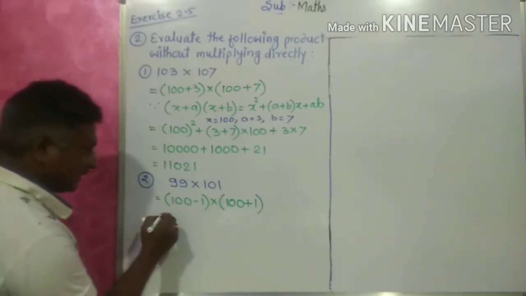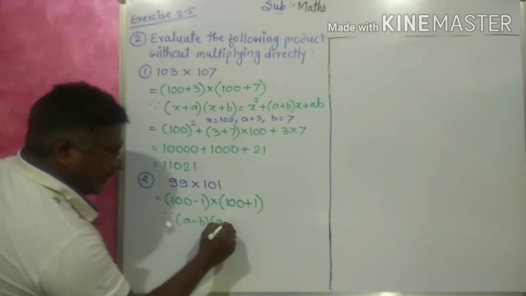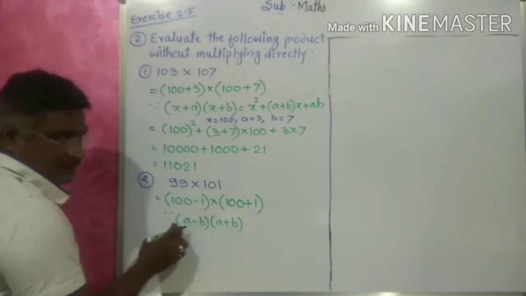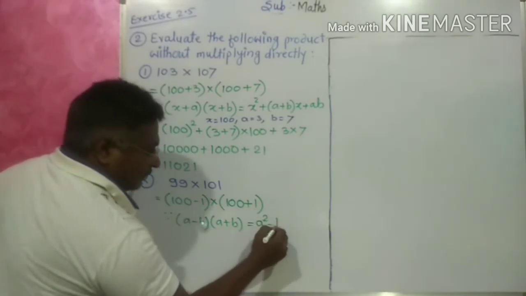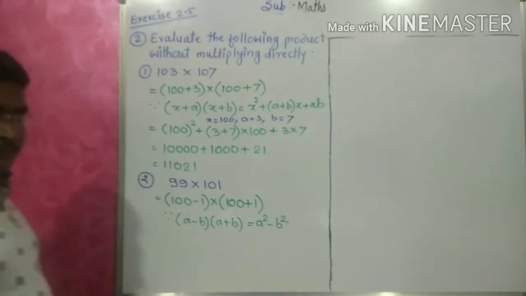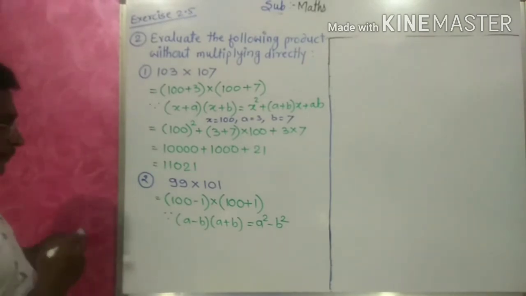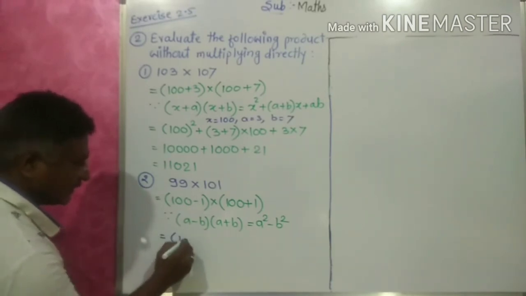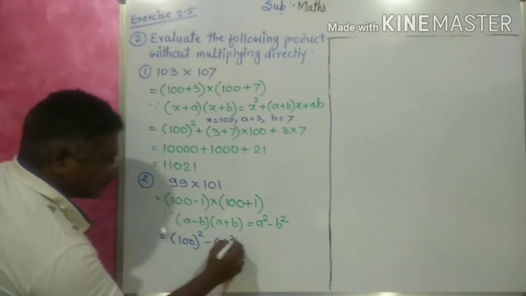Means like this identity, a minus b, a plus b. Same numbers are there, but sign is opposite. So what will we get? a square minus b square. So what is a? a means 100, whole square minus 1 square.